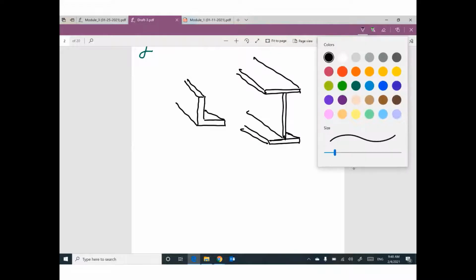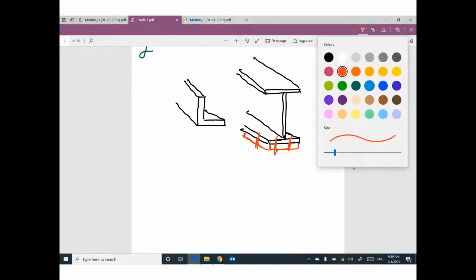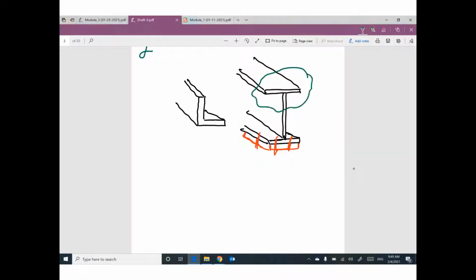For some reason, we connected this member by this plate only. That means the remaining part of the cross section is free, did not connect it, or hasn't been connected to the gusset plate.